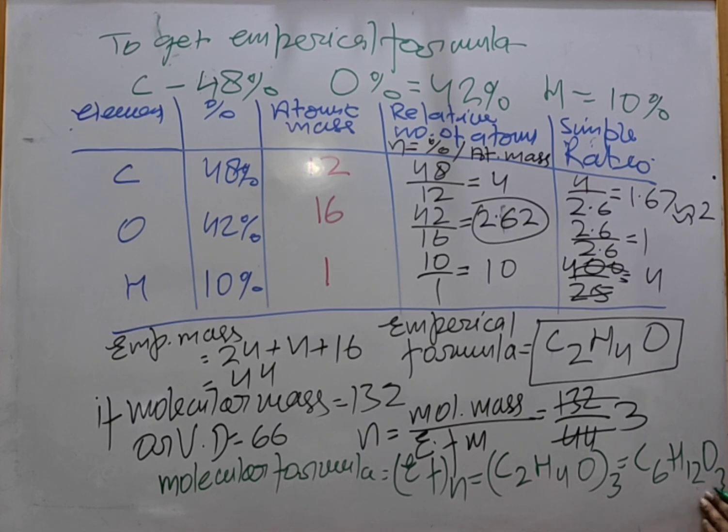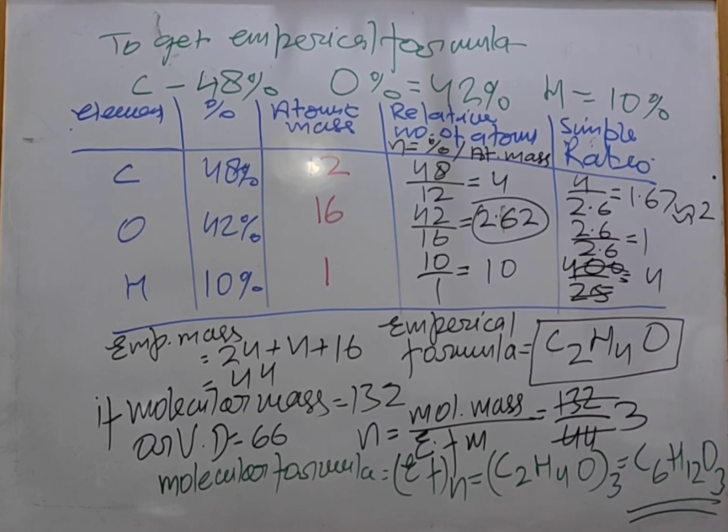Getting? These are arbitrary numbers. I have taken in a random order. But the process is like this, right?